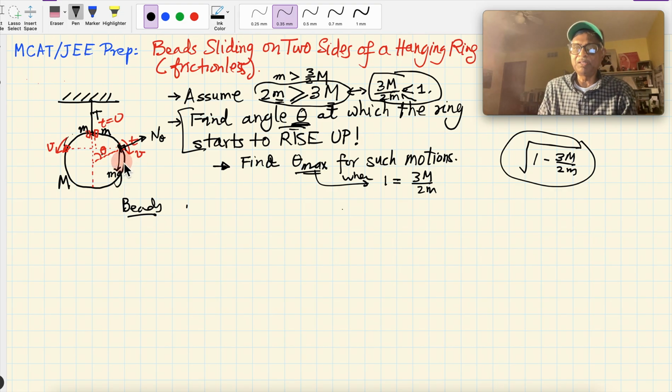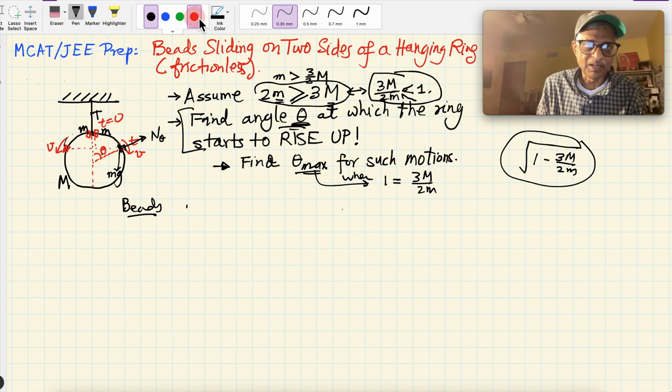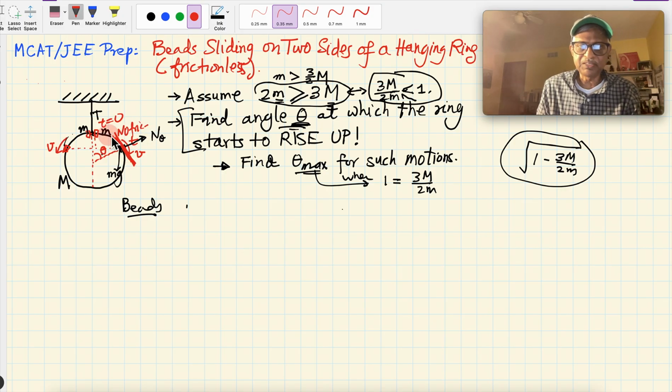This is the force on the bead, and there is no friction, so no forces along this side. If there were friction, there would be a force that way. There's no friction.